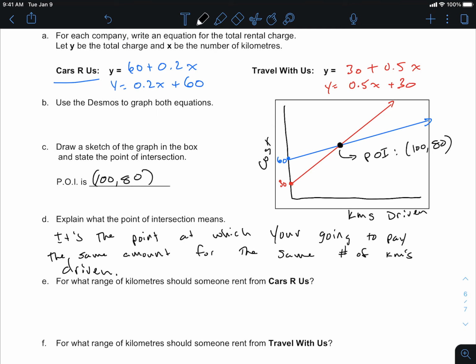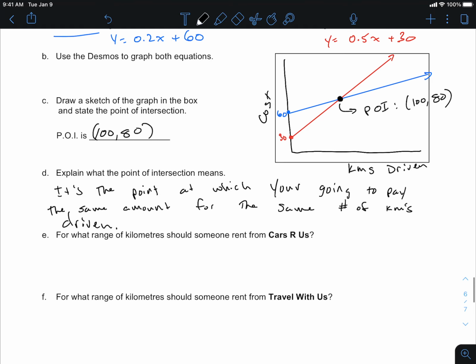The last two questions here deal with specific scenarios. Much like the cab question from yesterday, we want to be able to look at that graph and make an informed decision as to which company to choose. And this goes far beyond renting a car. This could be somebody quoting you for working on your house or your car, whatever it is. They're going to provide you with how much they're going to charge you to come out, and then how much they're going to charge you per hour. You're going to get multiple quotes.